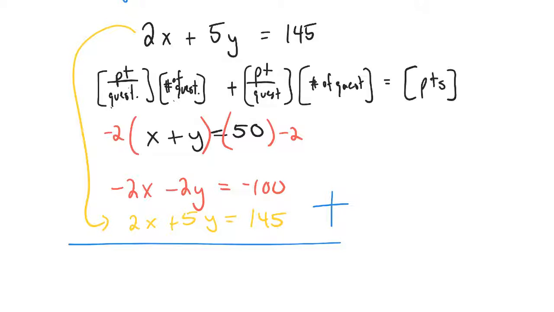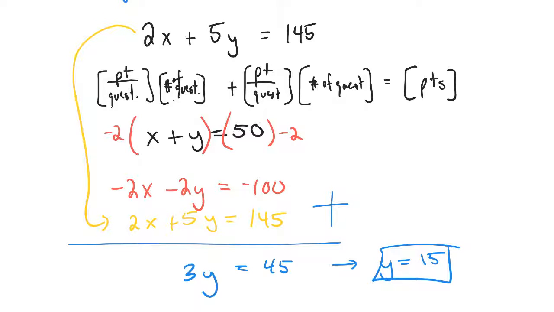So again, I took the original equation, put it back down here, multiply negative 2 by that equation. X's drop off. We get 3y equals 45. Therefore, y equals 15. If y is 15, and there are a total of 50 questions, x must be 35.